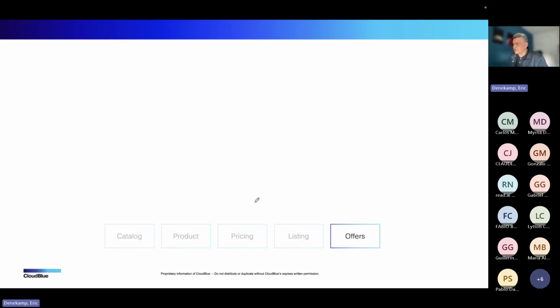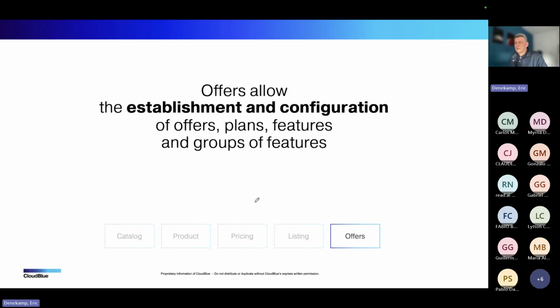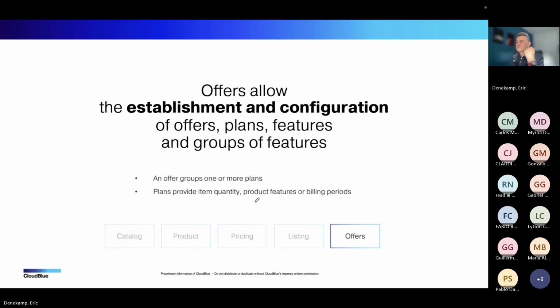So here we have that offers as well. Establishment and configuration of offers. What features are we selling together? What items are we selling together? And what would they cost, etc. So the offer would be, I would almost say, the replacement of the service plan in commerce.